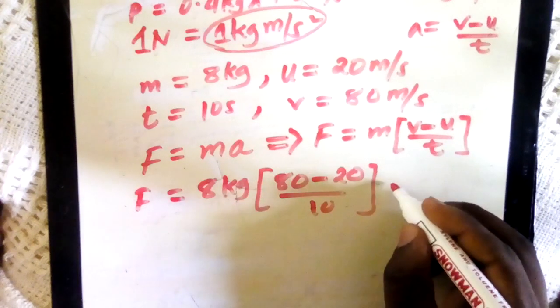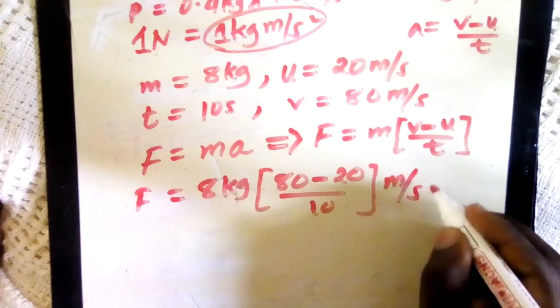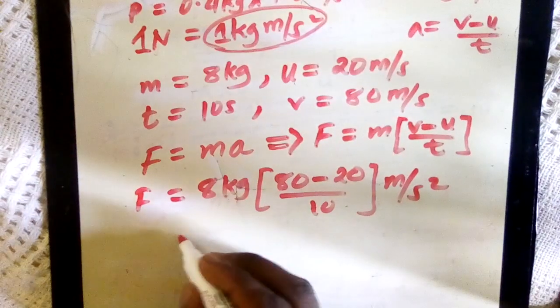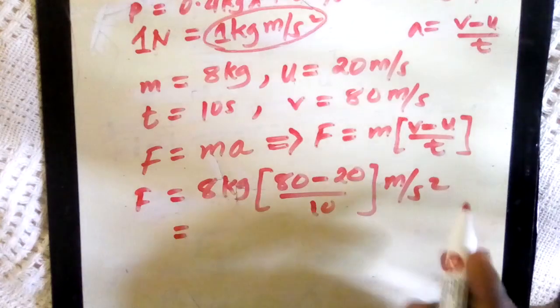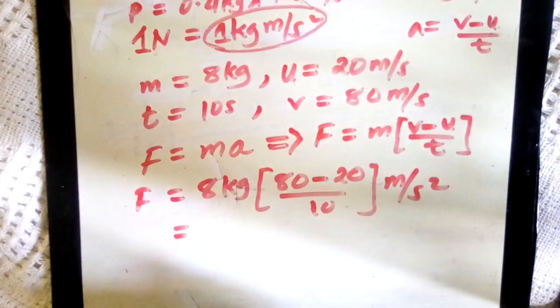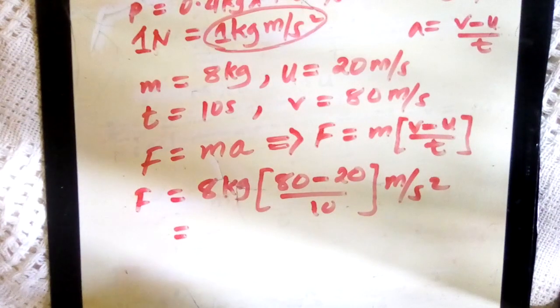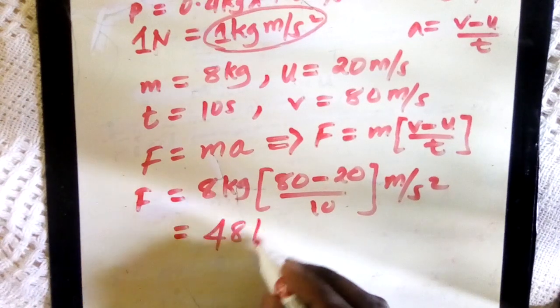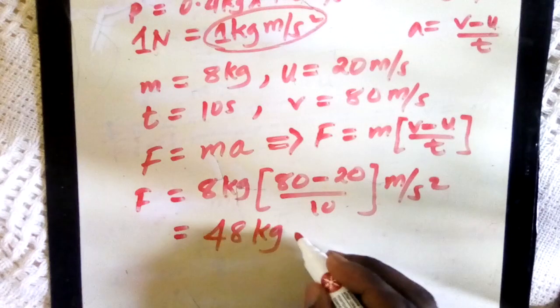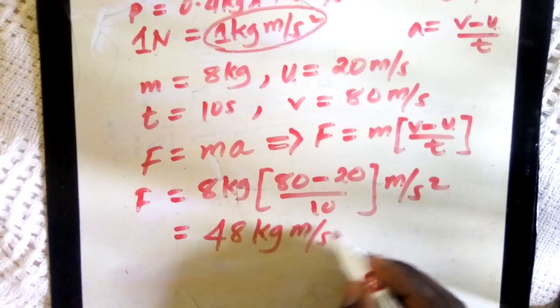This is basically meters per second squared. So by simplifying everything in these brackets, we end up with 48 kilograms meters per second squared.